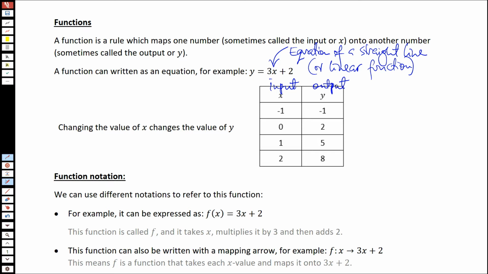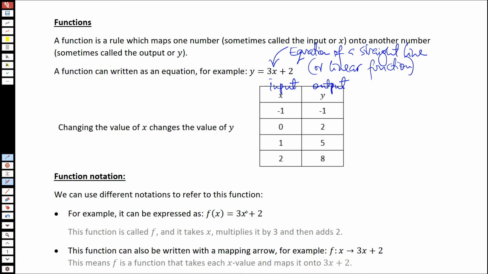So we have some notations that we usually use for functions. For example, instead of y, you can write f of x. So this is basically a notation for the output. So f of x is equal to 3x plus 2.